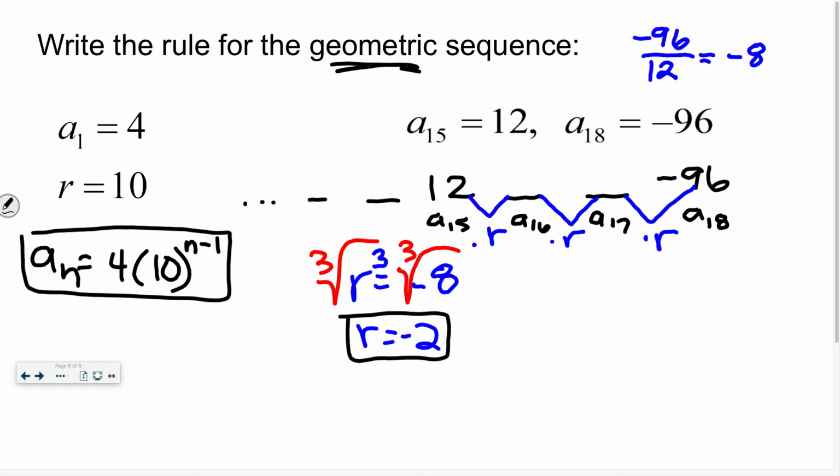So you go back 14 roots, so you do negative 2 to the 14th, and then you divide by that. Are you talking about this one? And Mason was talking about, I think you saw the 12, A sub 15 equals 12, so then you go back because we need to find A sub 1 to be able to write the formula. Okay. I think you guys are on to something.